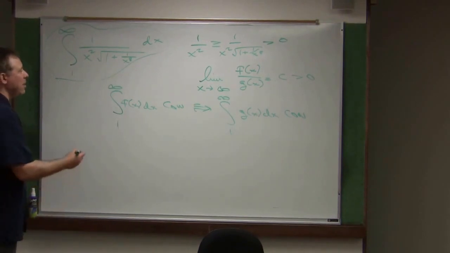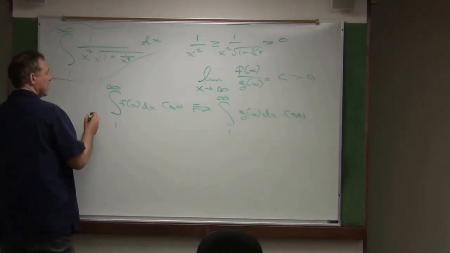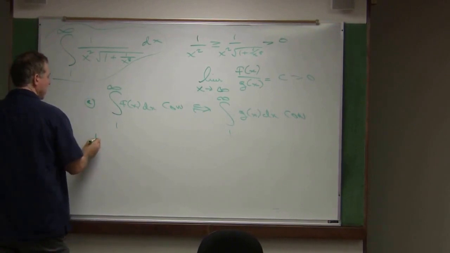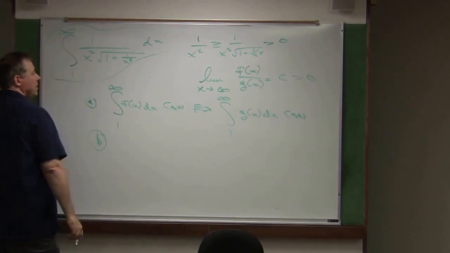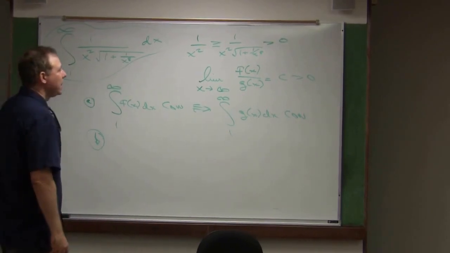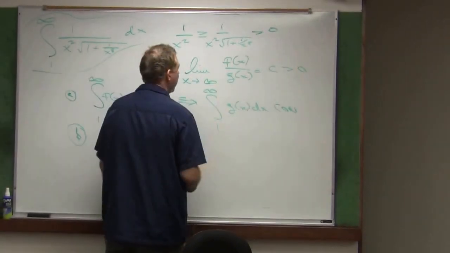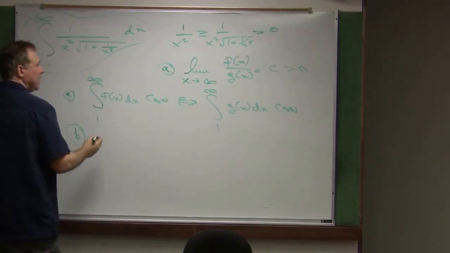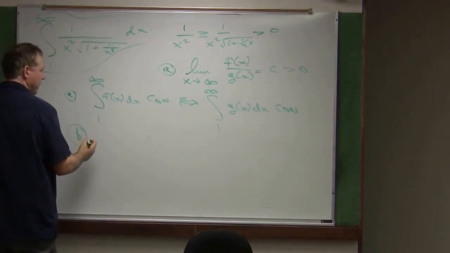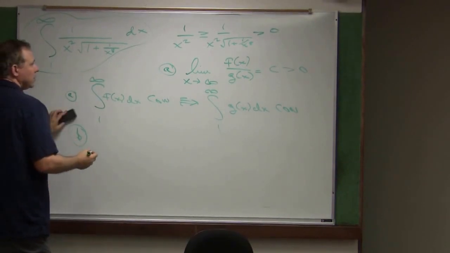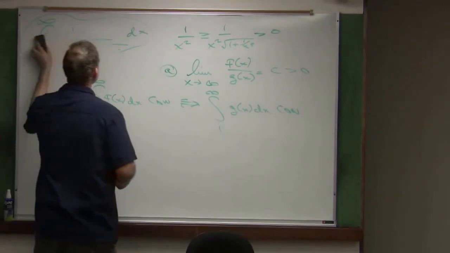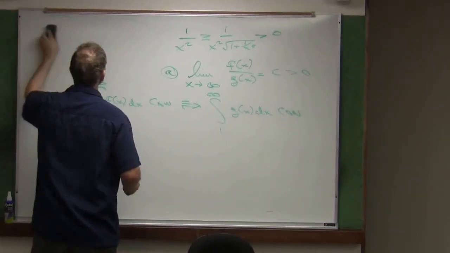Now the other part of the limit comparison test would be, so this would be like part A, and then part B. Let's say we take this limit, and this is case A. Let me write my case over here, staying on this one board.